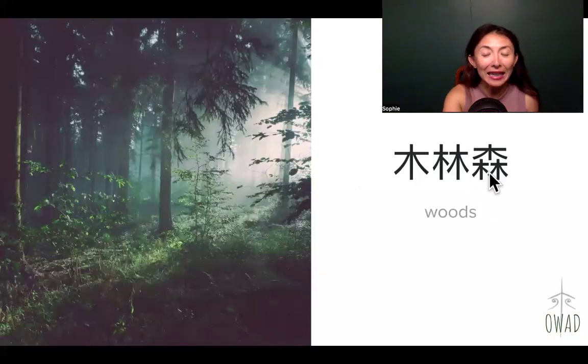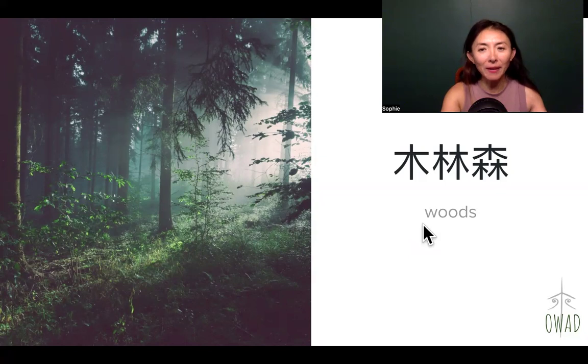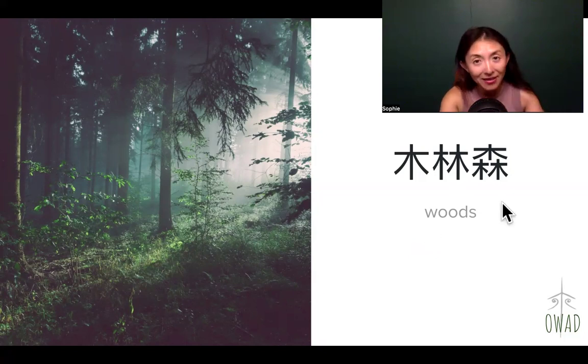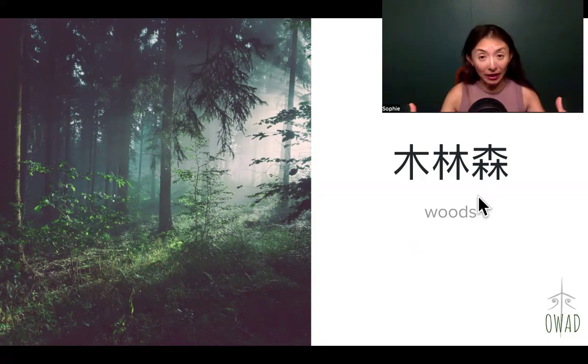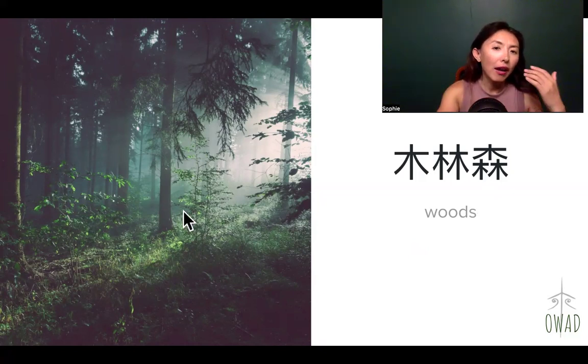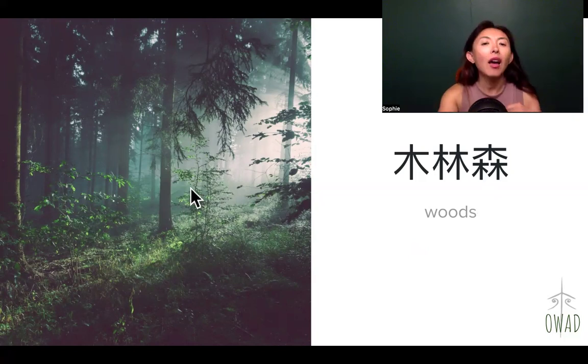Okay, so mu lin sen is a Chinese way to say singular wood as a category, woods as a cluster of trees, lower density, not as diverse as sen, which is a forest, which has multiple dimensions, different tree heights, and definitely is denser. And here I'm showing you the picture of the canopies of the trees in a highly dense forest environment.